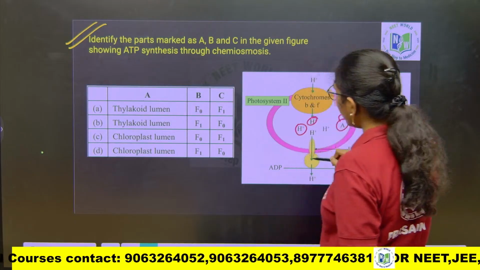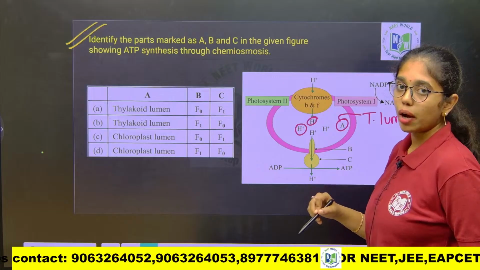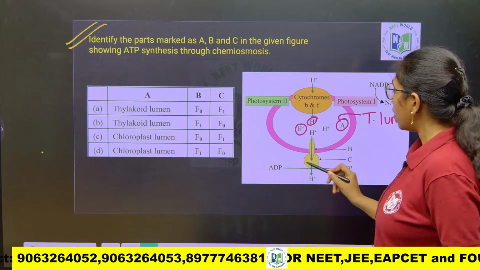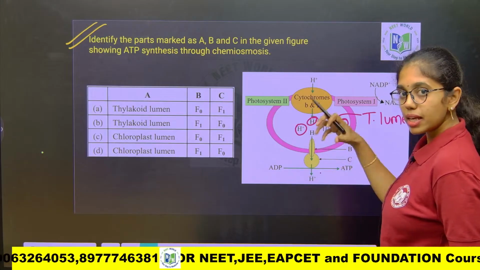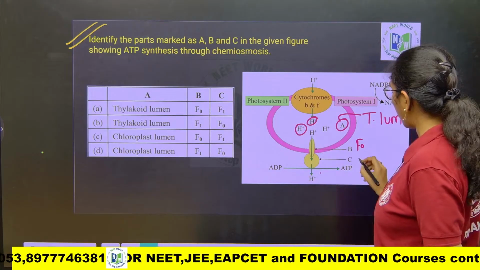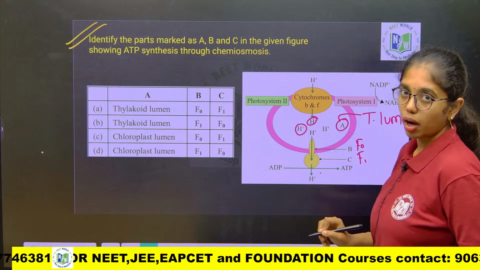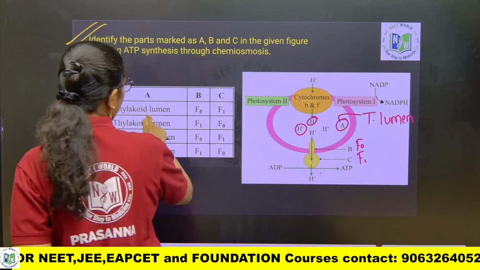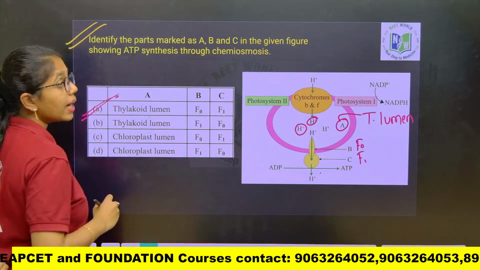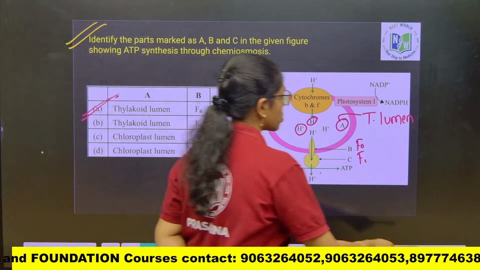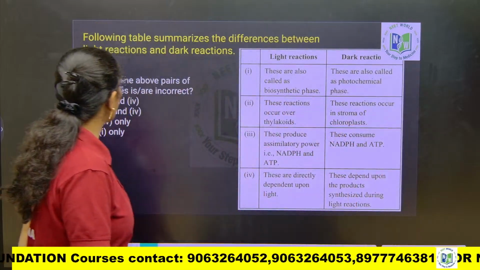And B, if you see, F0 F1 complex or ATP synthase, wherein F0 is embedded inside the membrane and F1 is towards the stroma. Thylakoid lumen, B will be F0 and C will be F1. That is option A. Clear, right? Next question. This you see.